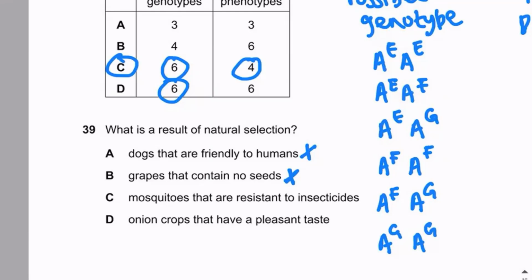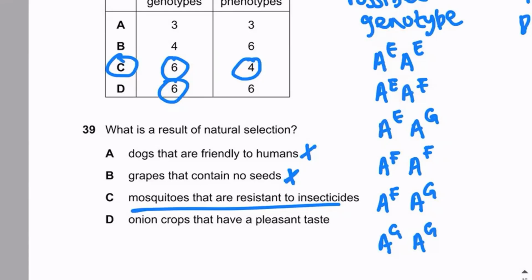Mosquitoes that are resistant to insecticides, yes, this is an example of natural selection. Why? Because we were spraying insecticides in the environment. So the environment changed, right? The environment was full of insecticides. And mosquitoes that were not resistant to the insecticides died.